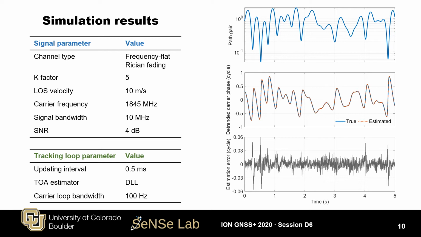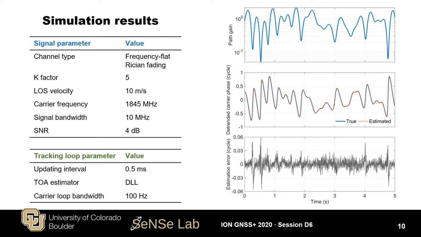The top figure shows the instantaneous path gain, indicating several deep amplitude fadings. The middle figure provides the detrended results of the true and estimated carrier phases. A linear trend in the carrier phase due to the constant Doppler frequency is removed. The estimated and true values are in good agreement. This detrended phase also indicates the path phase fluctuation in the fading channel.